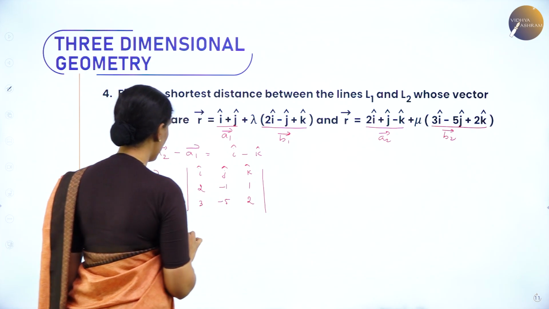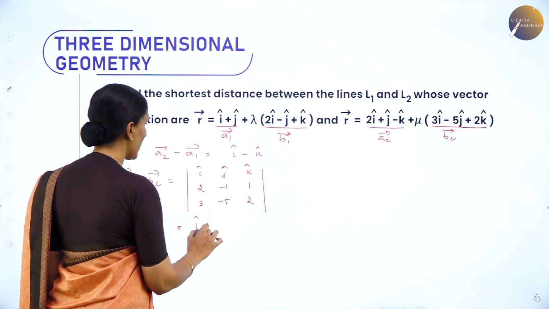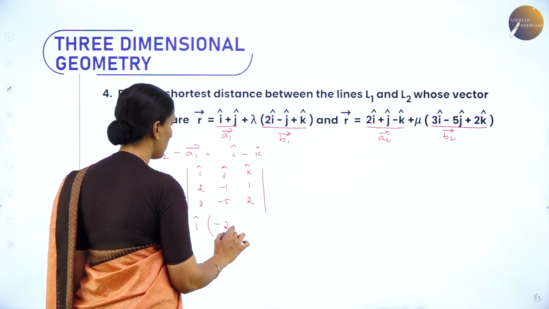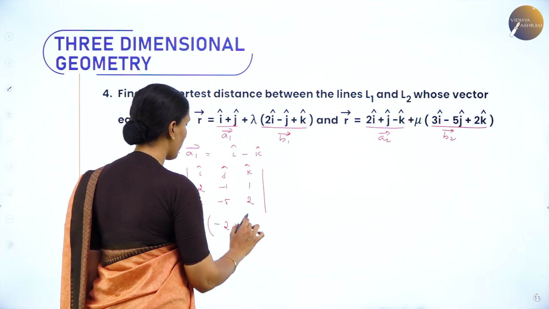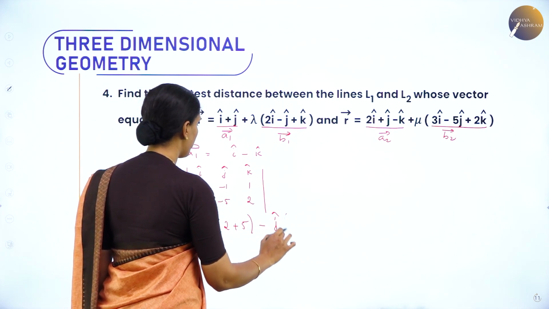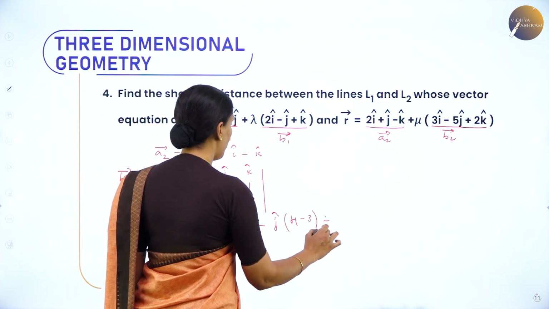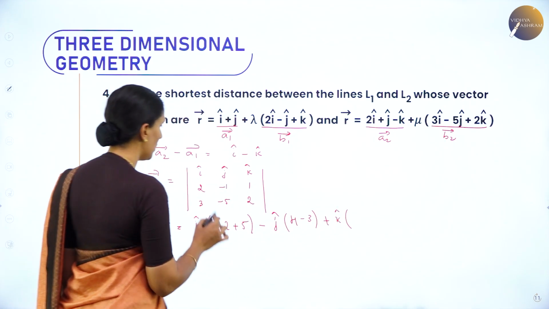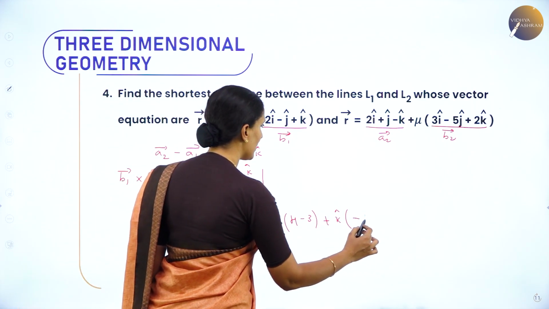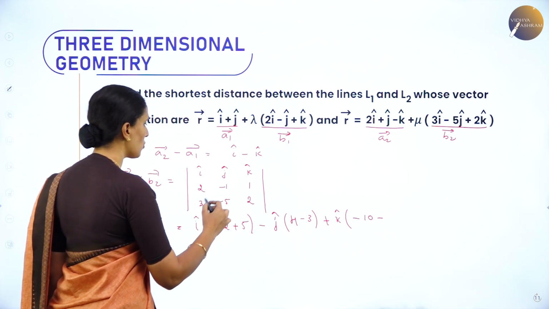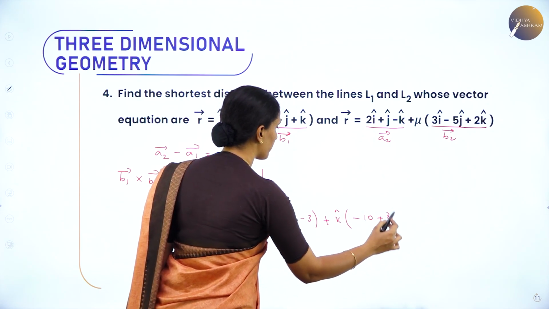So, let us expand this. We have i into (minus 2 minus of minus 5) plus 5, minus j (2 twos are 4, minus 3), plus k into (2 into minus 5 is minus 10, minus 3 into minus 1, plus 3).